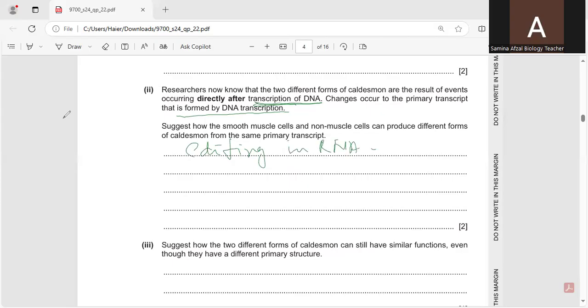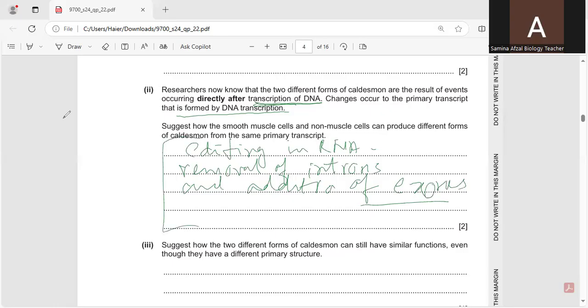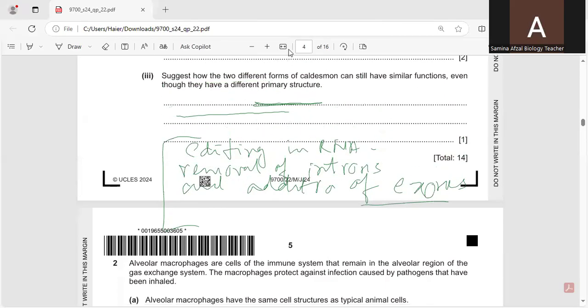It can be brought about in the primary transcript, by the removal of introns, which are non-coding sequences, and by the addition of exons, which are the coding sequences. So in this way, it can be edited.